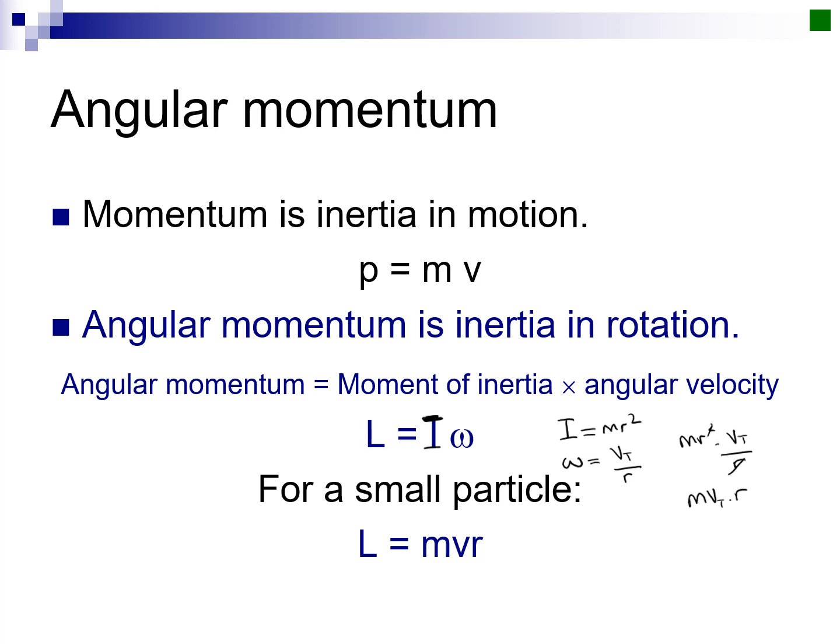So putting this all together, I omega can be put together like mr squared times tangential velocity over r. So I omega becomes mvr. So for small particles, we can write L as m v tangential times r.